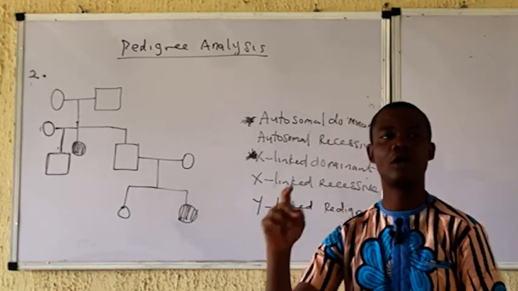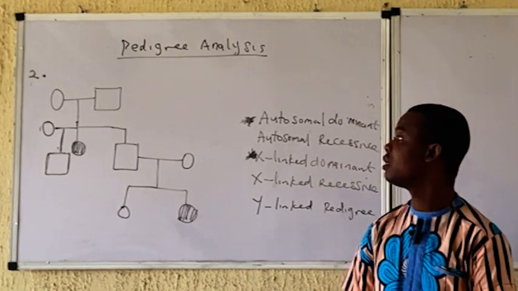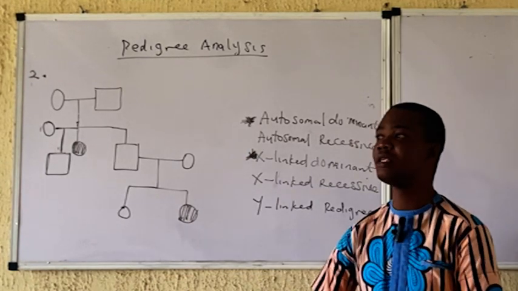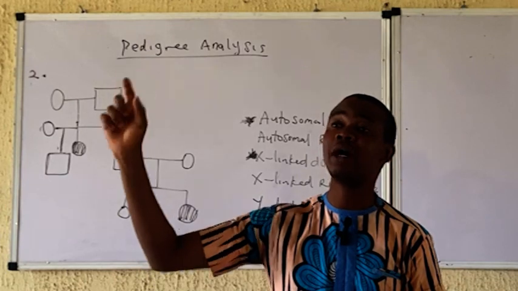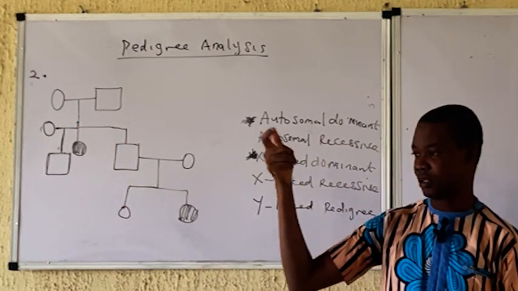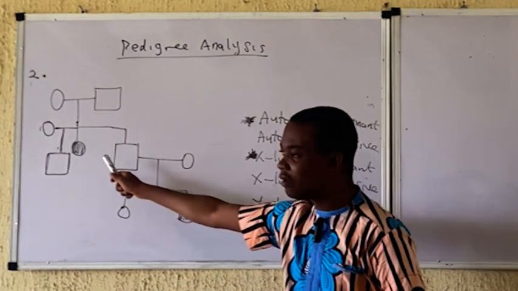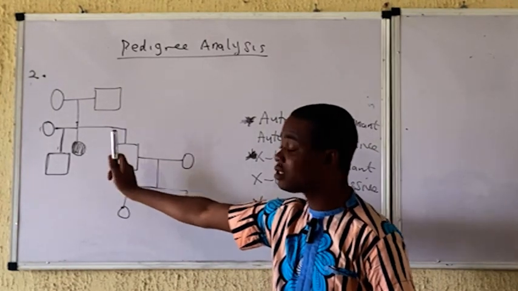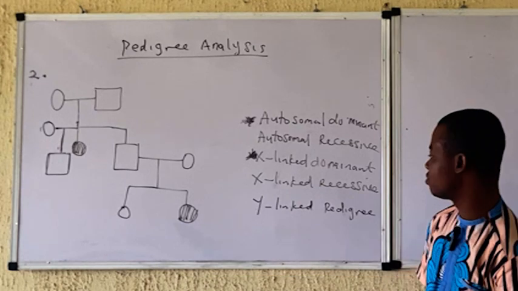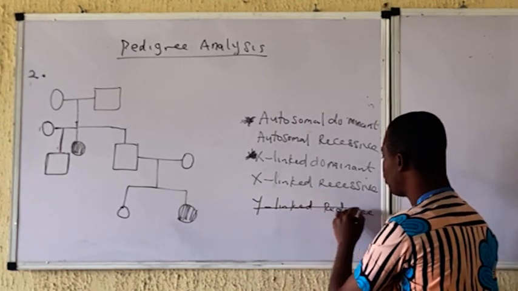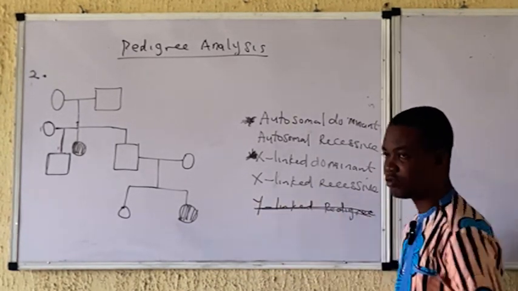Male individuals have XY, and a male receives the Y chromosome with the abnormal gene from his father. So since a female individual has been affected, it can't be a Y-linked pedigree. We can easily cross it out.